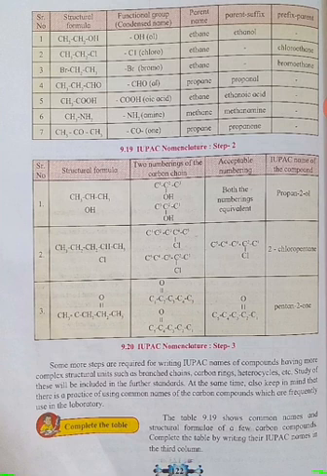In the second example, the structural formula is CH3-CH2-CH2-CH-CH3. Here chlorine is attached to this structural formula. In the two numberings of the carbon chain, first we write the carbon 5 times, as there are 5 carbons present in the formula.